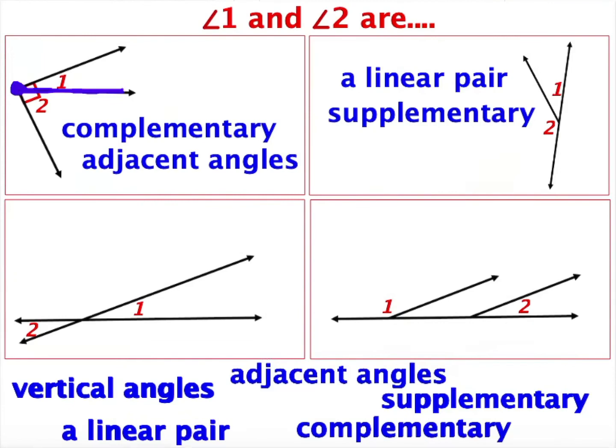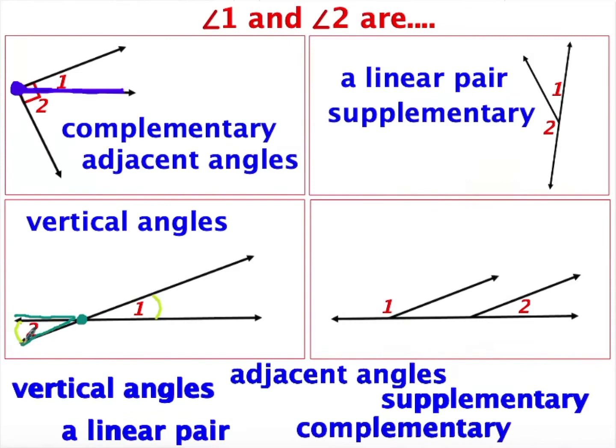This next one, to me, looks like an X shape, doesn't it? So I have potential vertical angles. Are they in the right spot? Are they across from each other on the X? Absolutely they are. So that's some classic vertical angles. Maybe we should think about adjacent. Are those adjacent to each other? Do they share a vertex? Yes. Do they share a ray? Do they share a side?